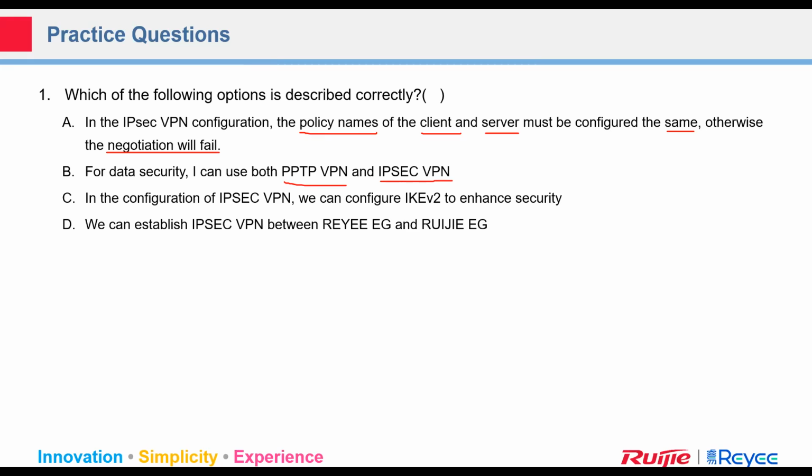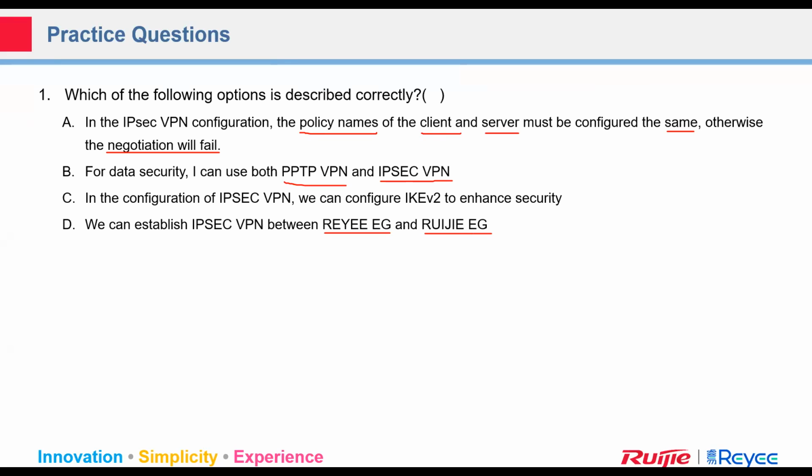So C, in the IPsec VPN configuration, we can configure IKEv2 to enhance security. And D, we can establish IPsec VPN between Reyee EG and Ruijie EG router.